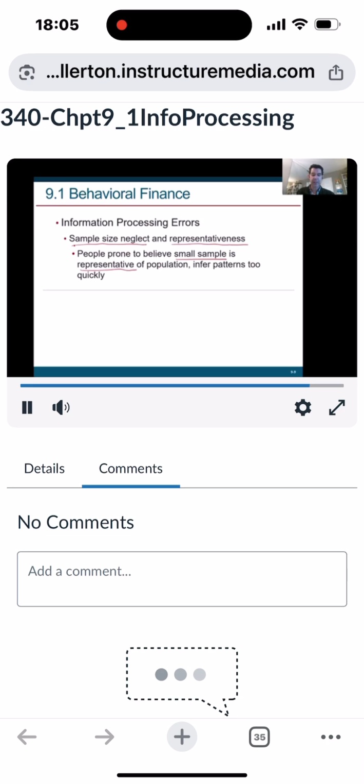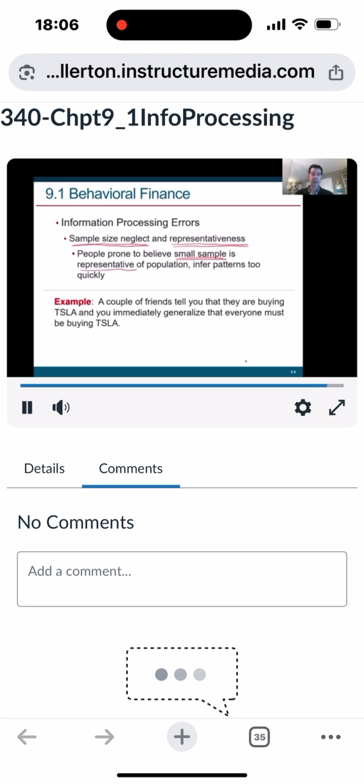So with sample size neglect, somebody might sample just a couple of their friends, and then they generalize way too quickly, and that's where the representativeness comes from. They take a small sample, and they're neglecting the fact that it's too small, and they assume that it is representative of everybody, and they generalize very quickly from that, okay? So basically, you can think of this one as people generalize very quickly.